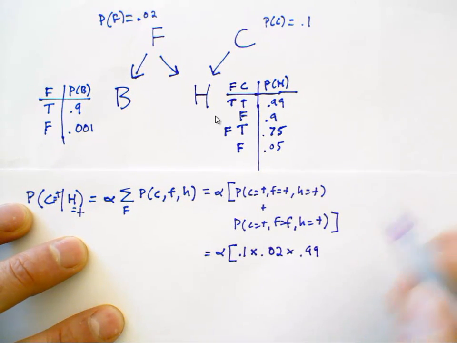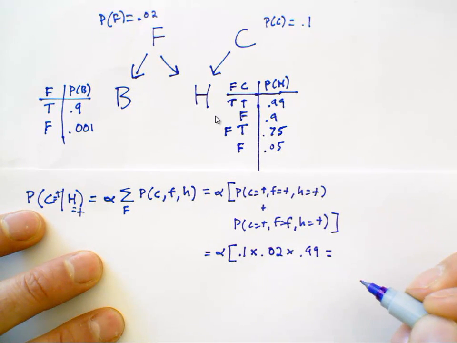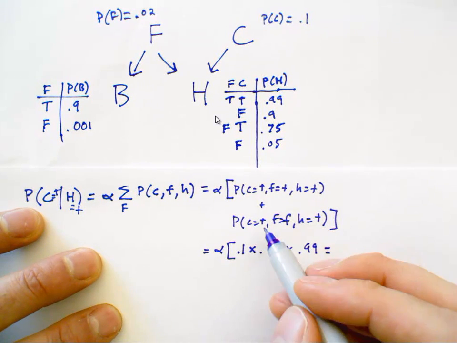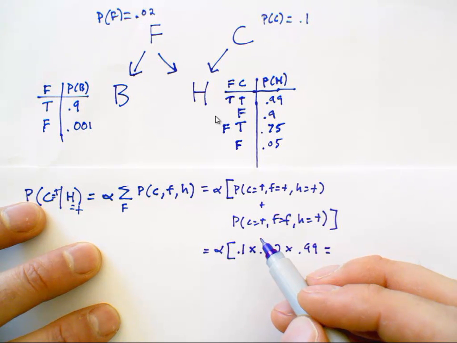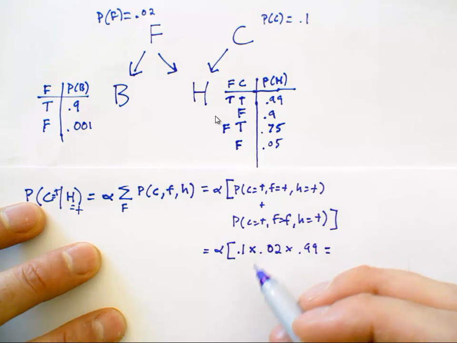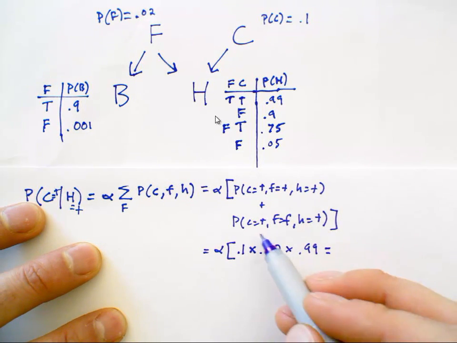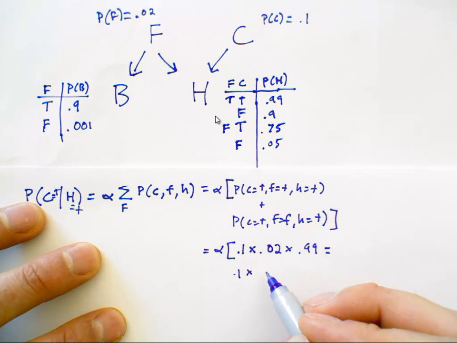Awesome. Matt, what is this? Matt's our calculator, our computer. All right, who's doing the second joint? Anybody want to volunteer before I pick Nathan? Dan, go. C is true is going to be the same, 0.1. You got it. Now F is false is going to be 0.98.